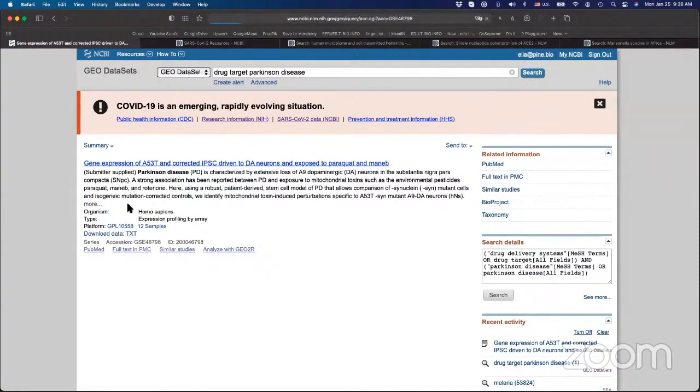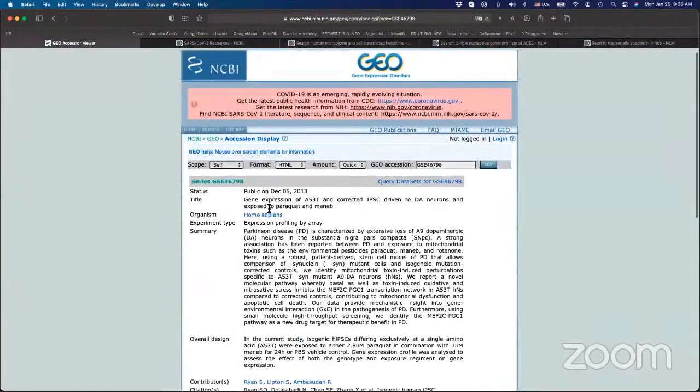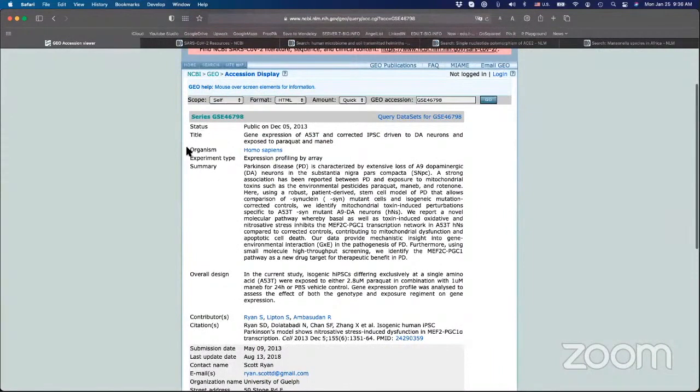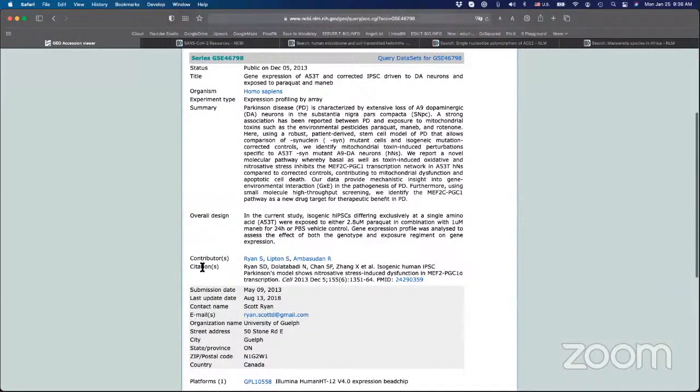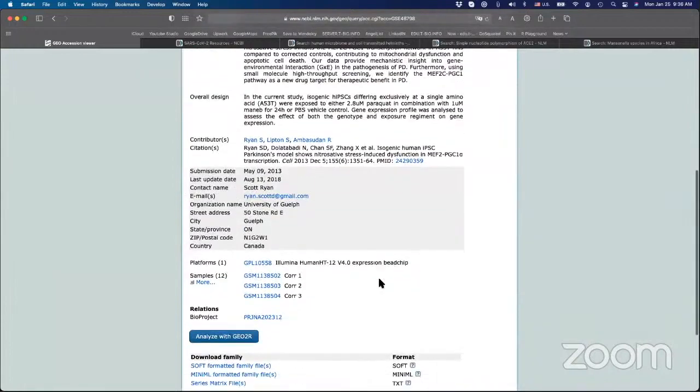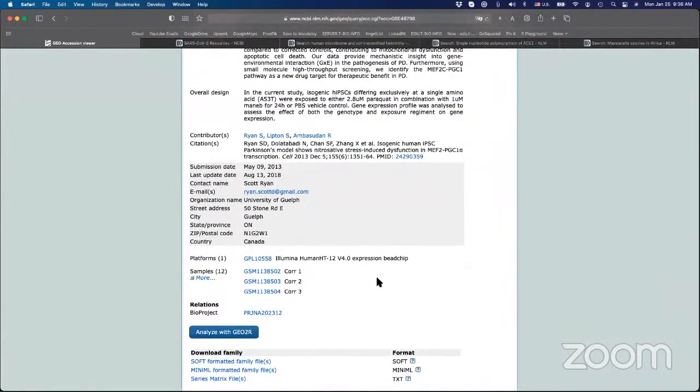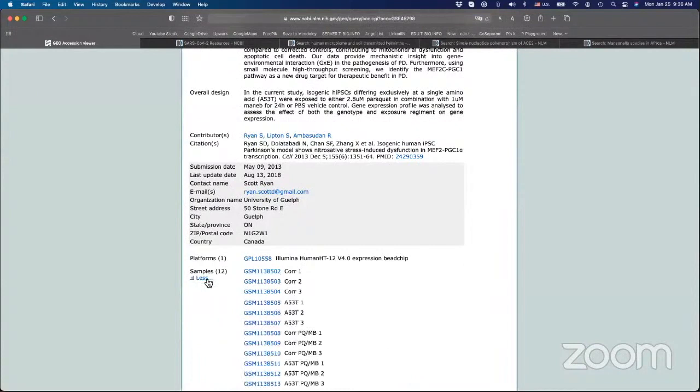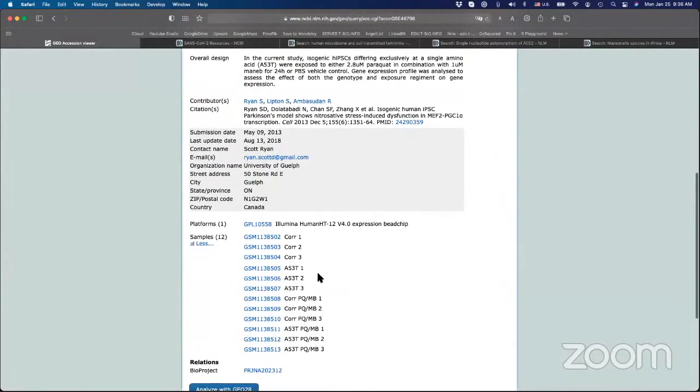So I would love to learn more. And I can click here for more and read about the organism, experiment type, summary, the overall design, and potentially even a publication that I could read. But let's go and see what do we actually have? What type of data do we have here? So here it says we have 12 samples.